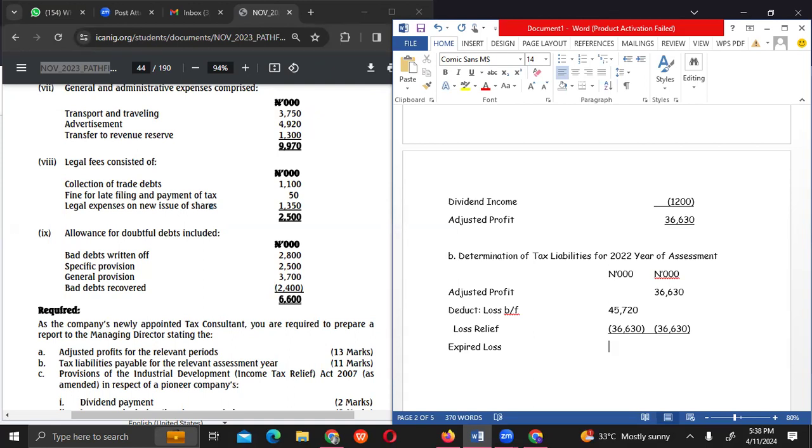So it means any loss that is not absorbed a year after the pioneer period will expire in the post-pioneer period. Meaning that any loss, the difference between this 45,720 and 36,630, cannot be taken to 2023. So it means it has lapsed this year. Do you understand it now?